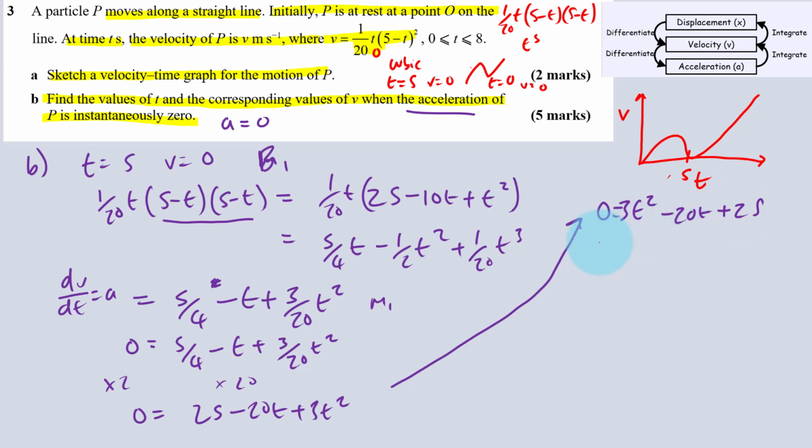But I would factorise this, so 0 equals, I know that's going to be 3t, factors are 25, so it's got to be 5 and 5, that's it, minus 5t and minus 5, so we can see t equals 5 over 3 here, because 3t minus 5 has to equal 0, so 3t equals 5, t equals 5 over 3, or we've got t equals 5.